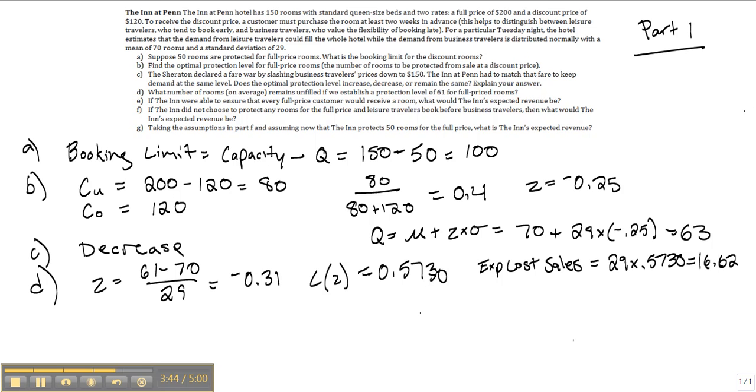The expected leftover inventory, therefore, is equal to the number of rooms that we've protected, 61, minus the mean demand, plus the expected lost sales. That equals 7.62. So that means that we can expect 7.62 rooms to remain empty.